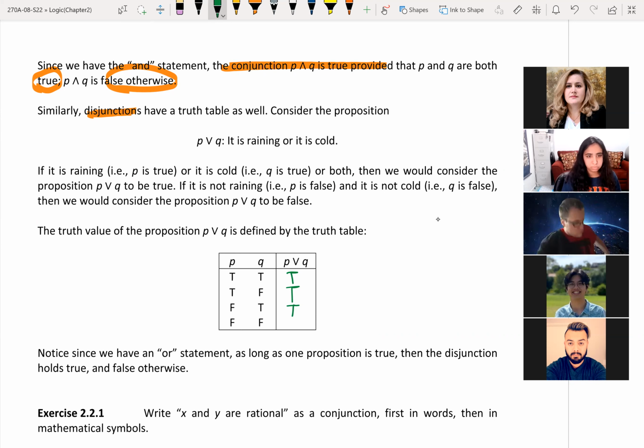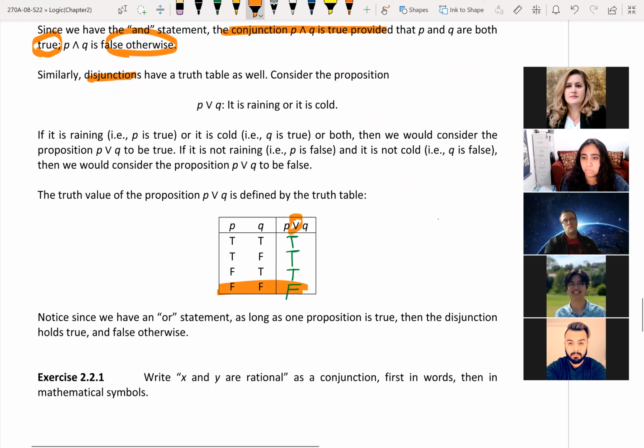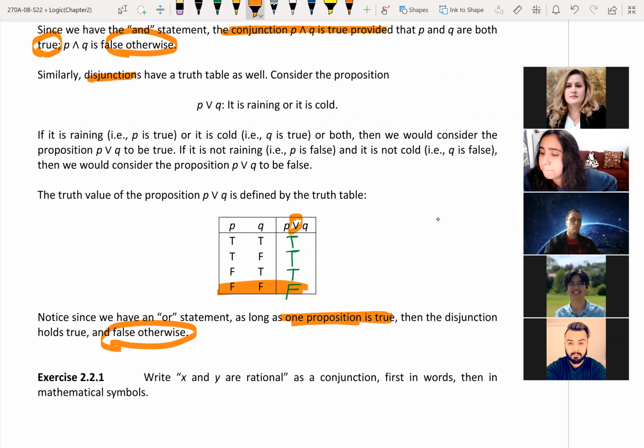The only way for an "or" statement to be false is when both statements are false. For disjunction, everything else is true. And this is how it is explained here: if one of the statements is true, it is going to be true, otherwise false.